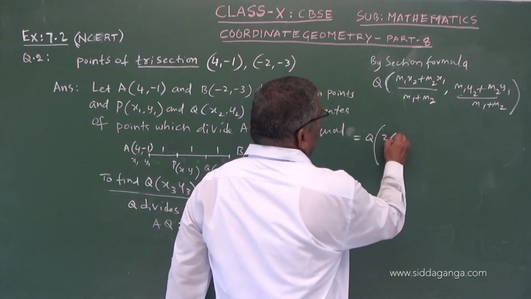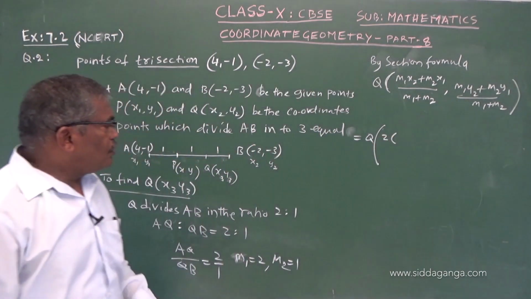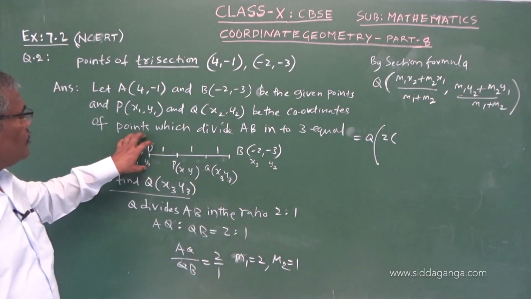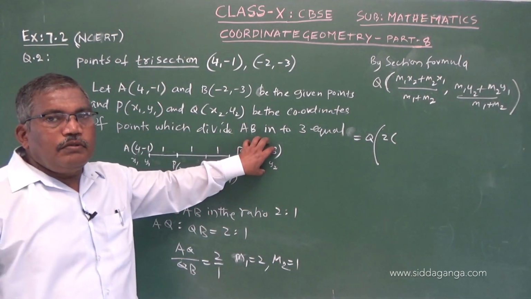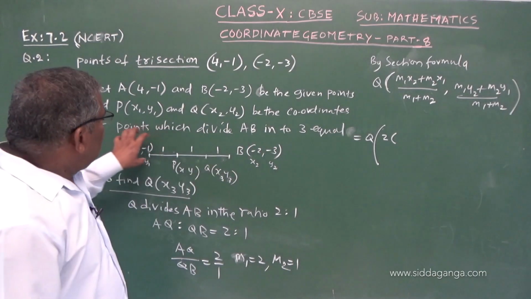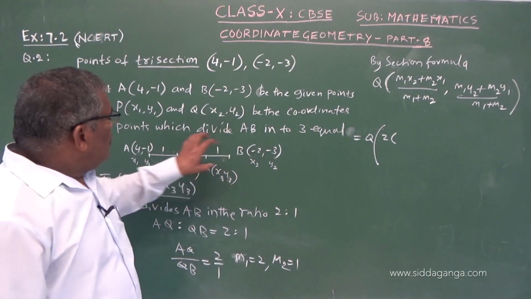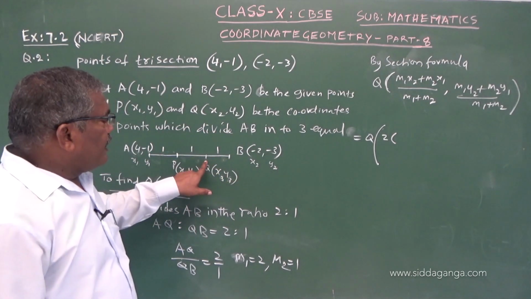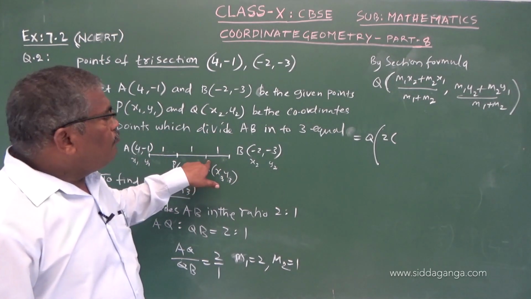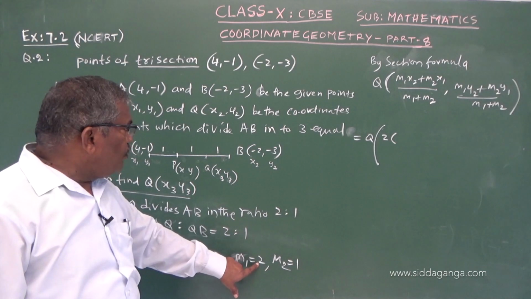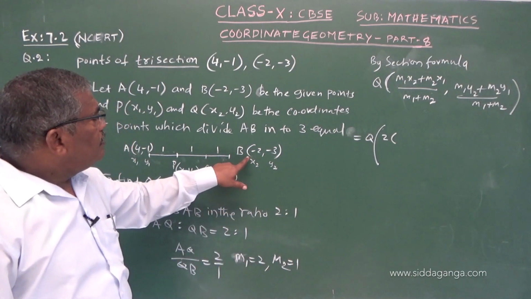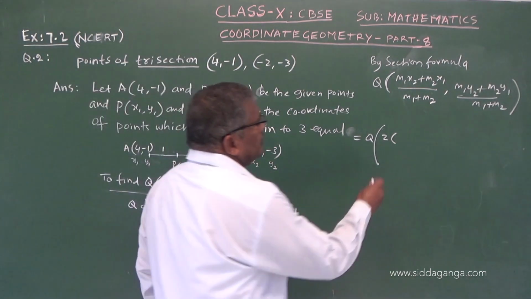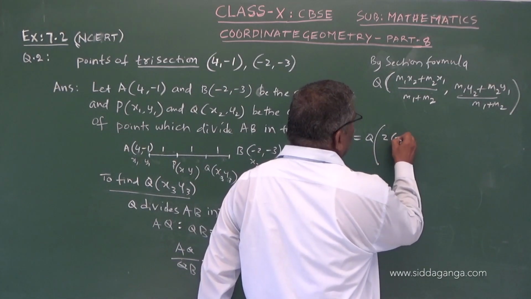So 2 into x2. The x1, y1, x2, y2 values remain the same because only Q is located between these two points. So M1 is 2, x2 is minus 2, so I will write here minus 2.